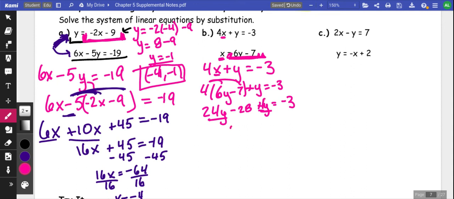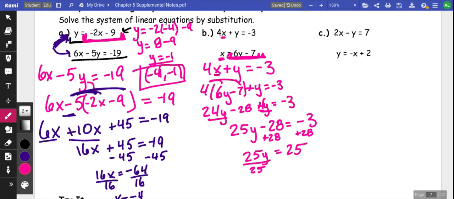So 24 plus 1, I get 25y minus 28 is equal to negative 3. Okay, so I don't want this negative 28. I want to add 28 to both sides here. Okay, so I have 25y is equal to positive 25.